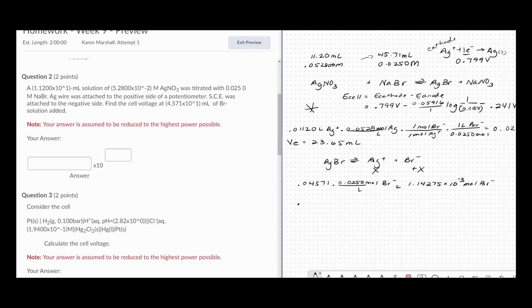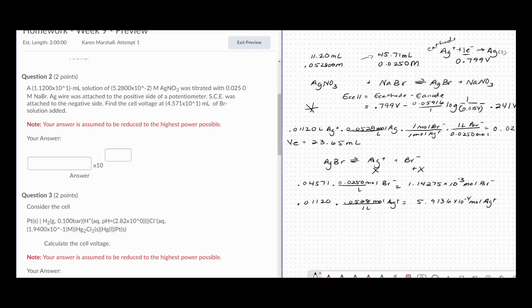Now, how many moles of the silver did we start with? Well, we take the volume of silver and we're going to multiply it by the concentration of silver. And in this case, we started with 5.9136 times 10 to the negative 4 moles of silver. So we have consumed all of that silver, and we consume that in a 1-to-1 relationship.